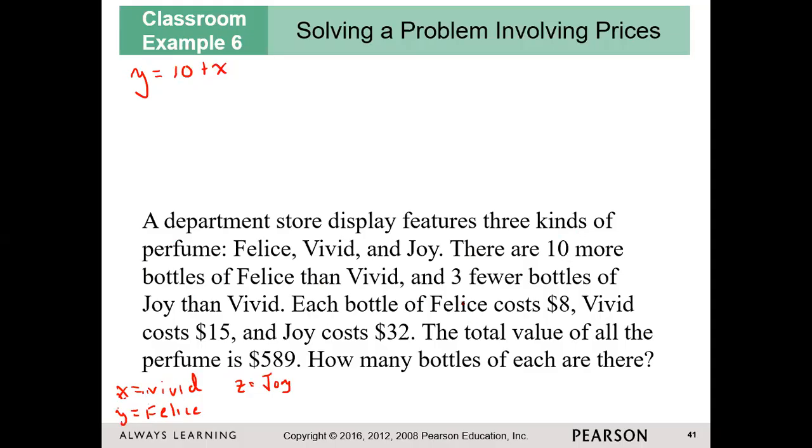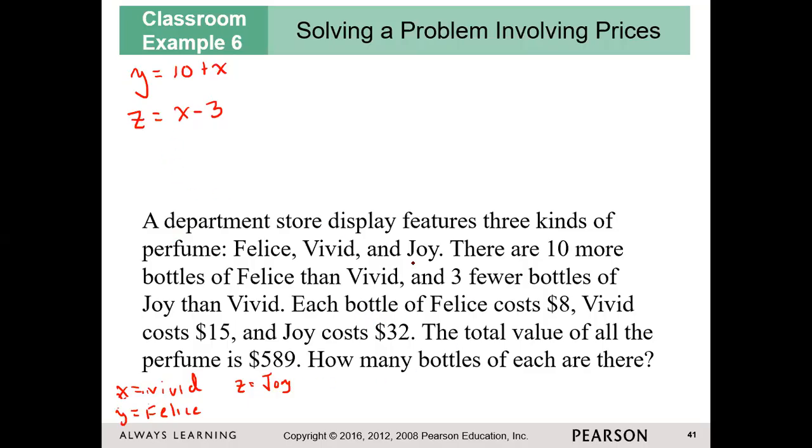There are 3 fewer bottles of Joy than Vivid. So Z, Joy, is equal to however many bottles of Vivid you have, take away 3. That's what that equation says. So we've got 2 equations so far.